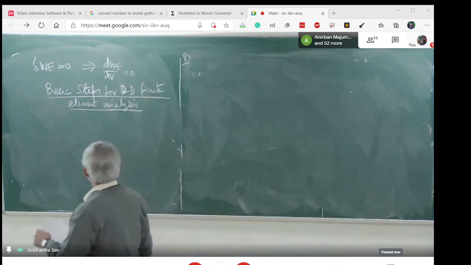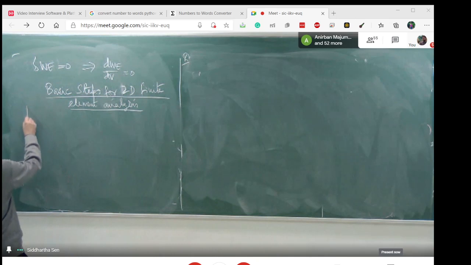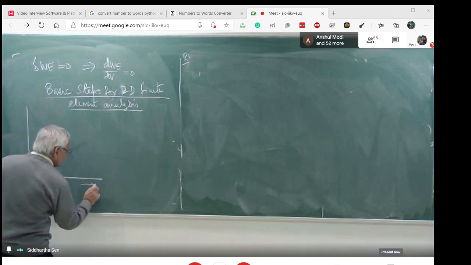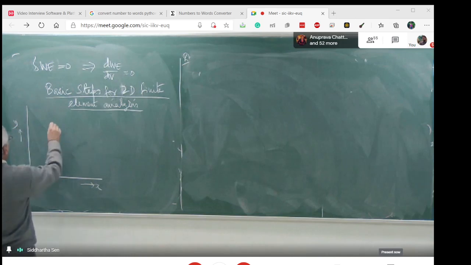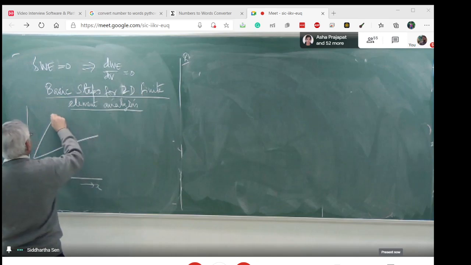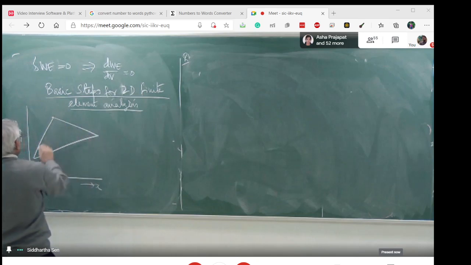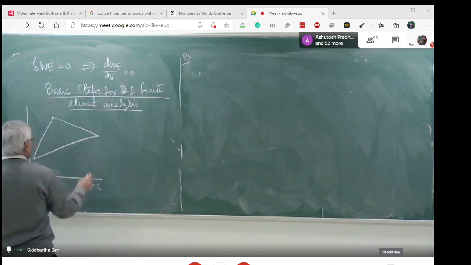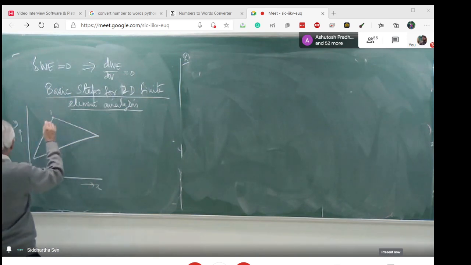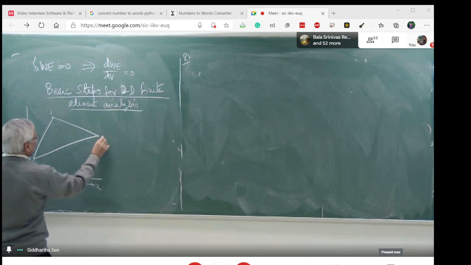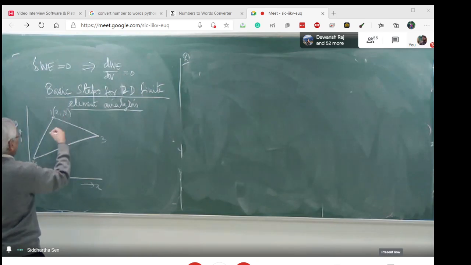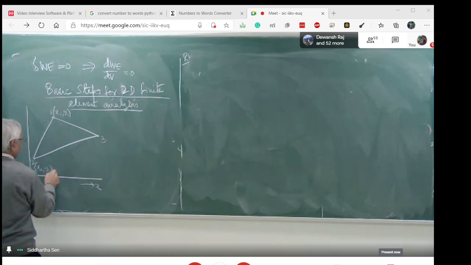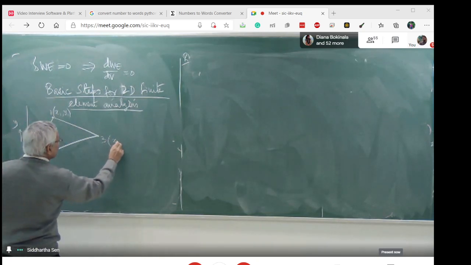So for that, I am taking a 2D space. I say this is your X and this is your Y. I take 3 points, 1, 2, and 3, and say their coordinates in the xy plane are x1, y1, x2, y2, and x3, y3.